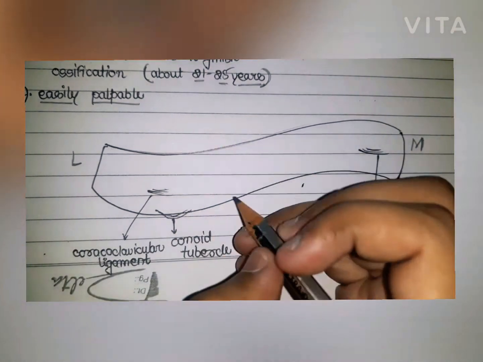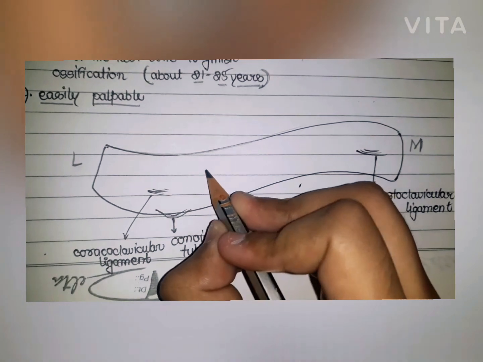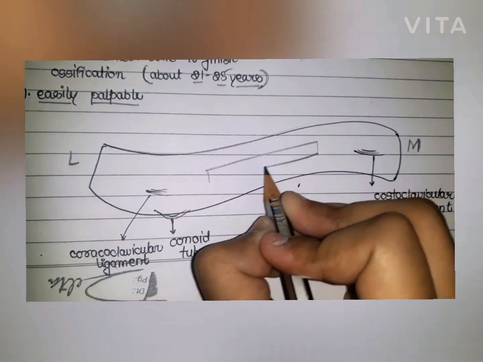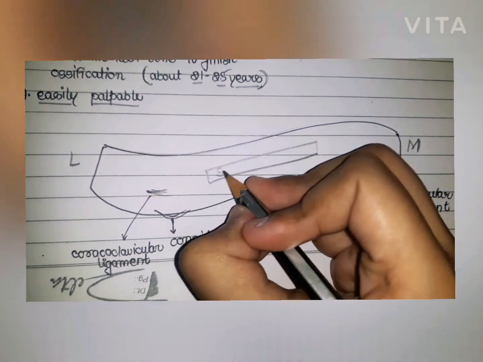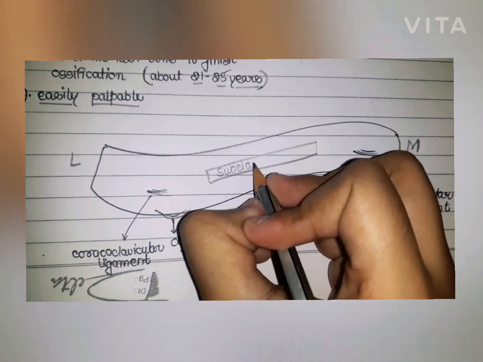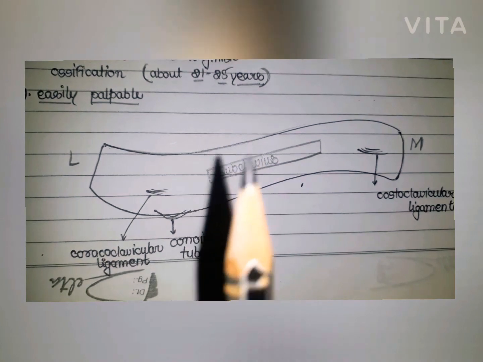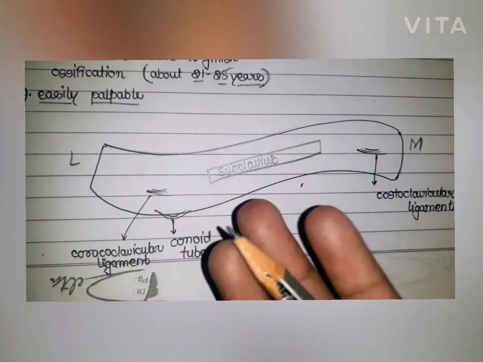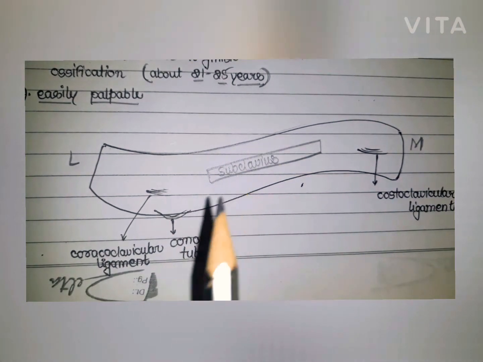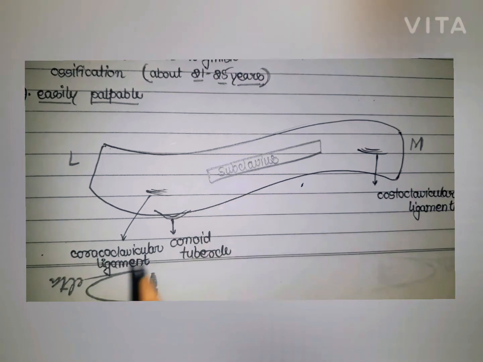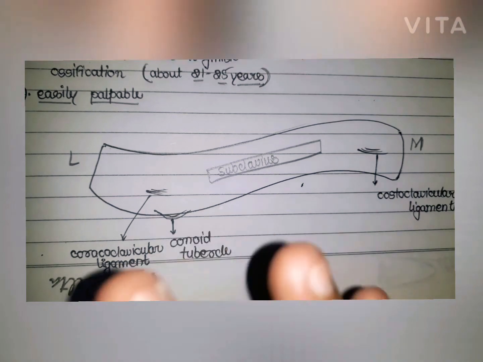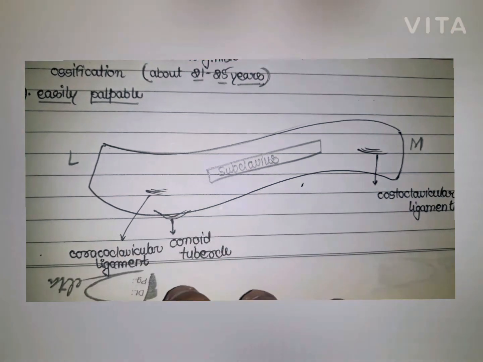Okay, now our last muscle, which is subclavius, which is present on the inferior side of the posterior part of the clavicle. Subclavius. The above 4 muscles are present on the anterior side of the clavicle. The subclavius is the only muscle of the clavicle which is present at the inferior side on the posterior part of the clavicle.